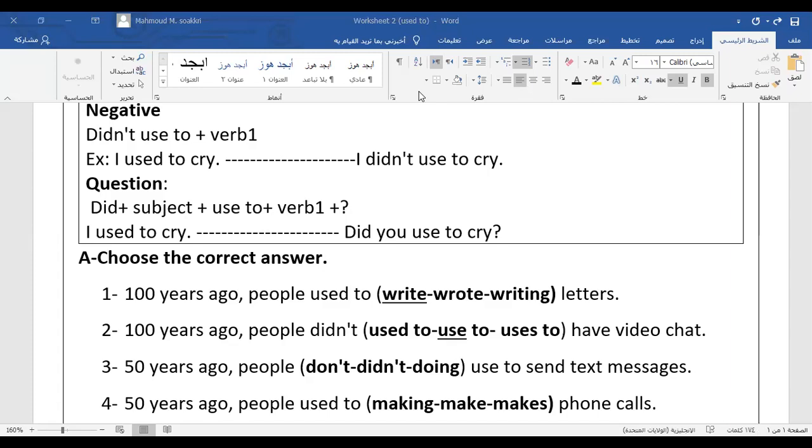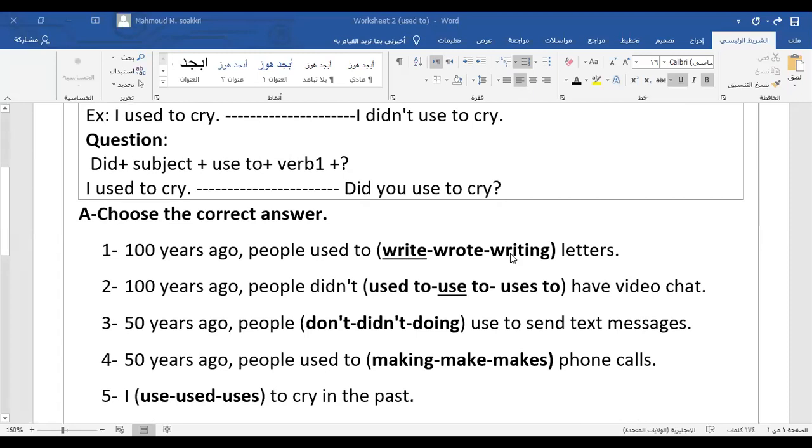Muaz, number 3, please. Fifty years ago, people didn't use to send text messages. Yes, didn't. Thank you, that's right. Remember, students, as Muaz said, when we use "didn't," we put "use to" without D. We put it as verb 1.